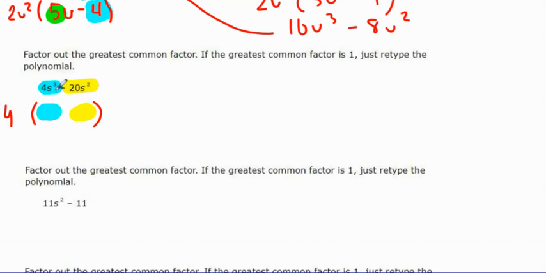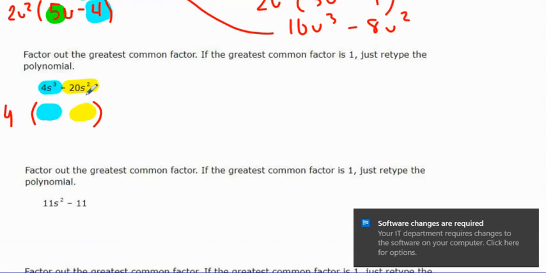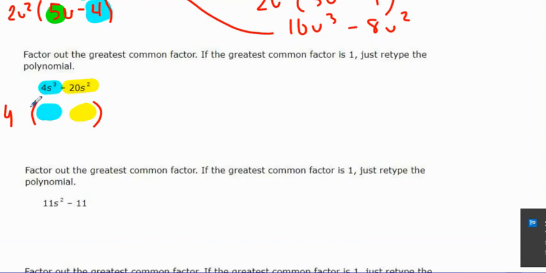Now let's look at our variable terms, s cubed and s squared. We want to choose the smallest, s squared, and capture that as our greatest common factor. The thing that lives on the outside of the parenthesis is your greatest common factor. 4s squared times what gives us 4s cubed? 4 times 1 gives us 4, and s squared times s gives us s cubed.